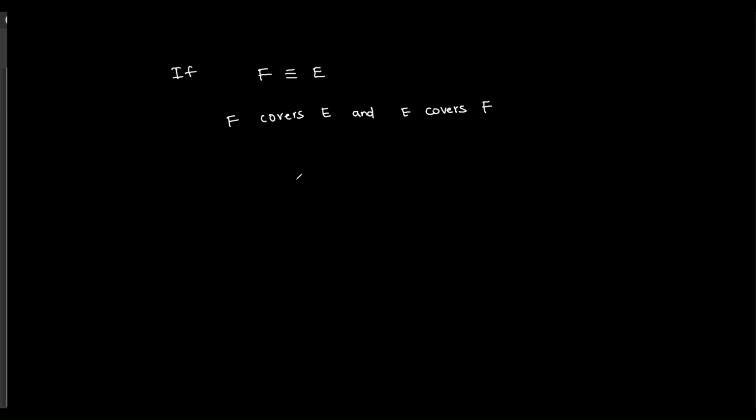Well, I'll explain it. If F is equivalent to E, it means that F plus is equal to E plus. That is the meaning. If the closure sets of two sets of FDs are equal, then only they will be equivalent to each other. And we know F plus is equal to E plus here.